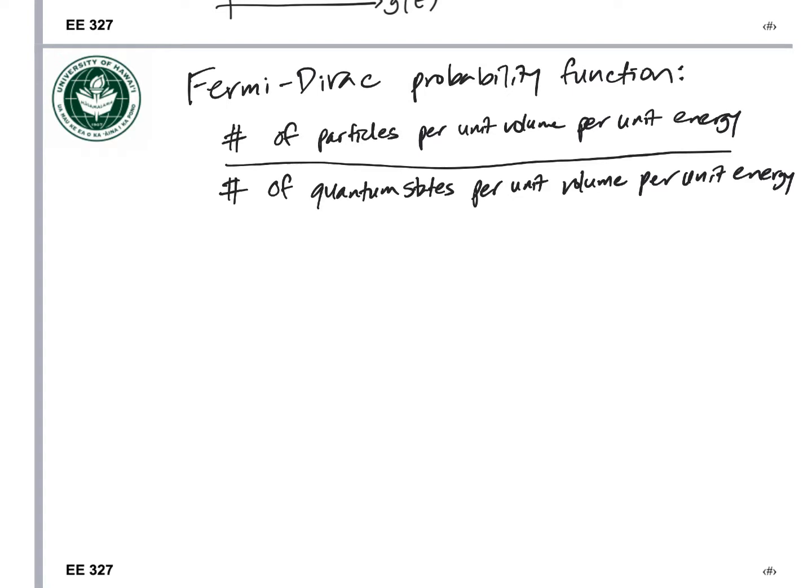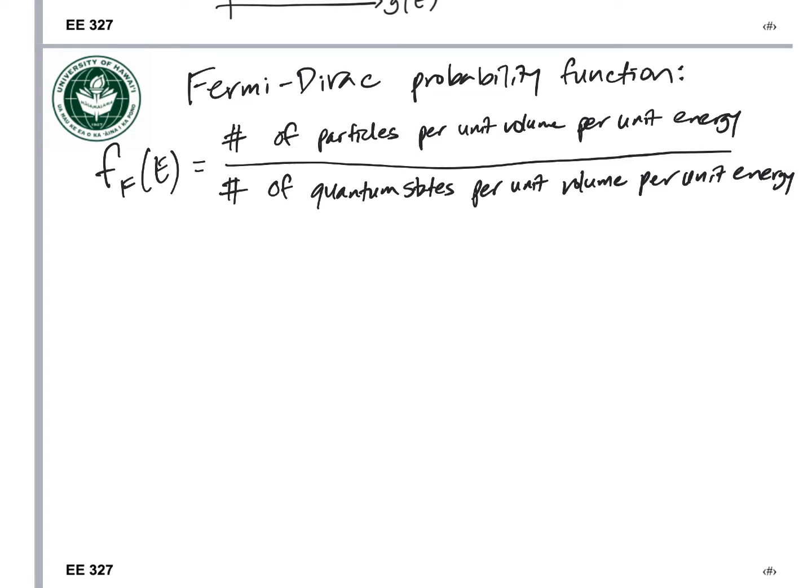So the interpretation, this is written as capital F, and it's a function of energy. The interpretation of this is that this is the probability that some quantum state at a particular energy level is filled by an electron. That's what this probability function is telling us.